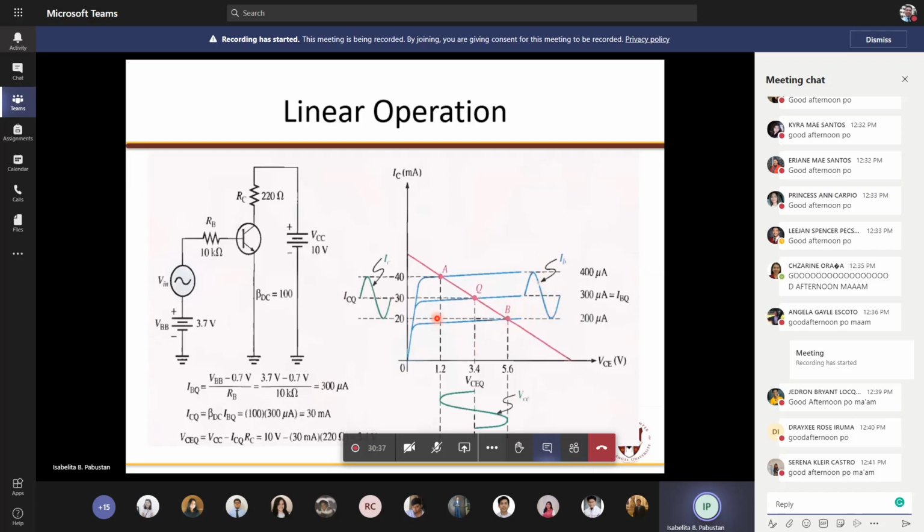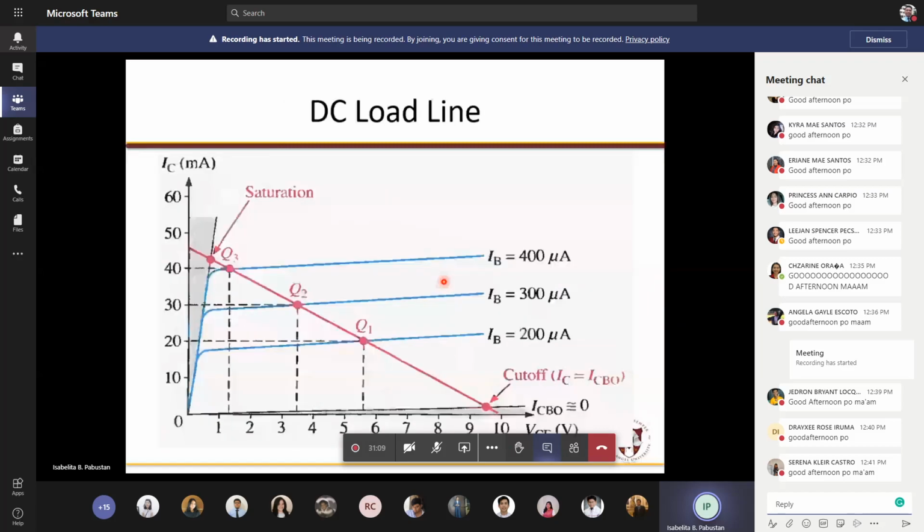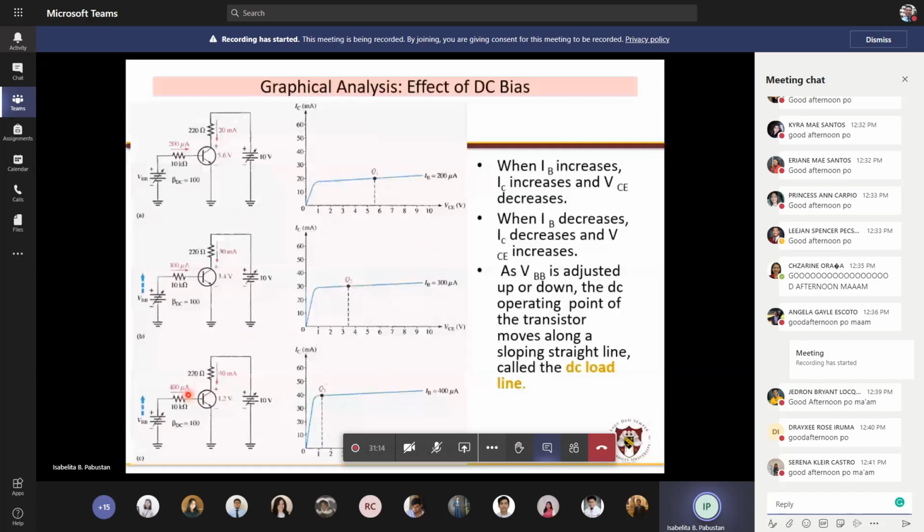Kung mapapansin nyo, dito naman sa baba, sa VCE, for the output, just project it. And these are the values of the VCE that you were able to compute when IB is 400 microamperes. Ito yon. When IB is 400 microamperes, your VCE is 1.2.